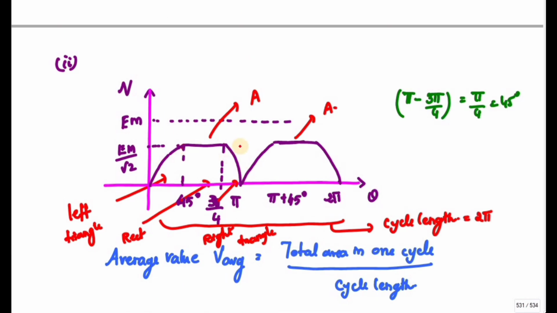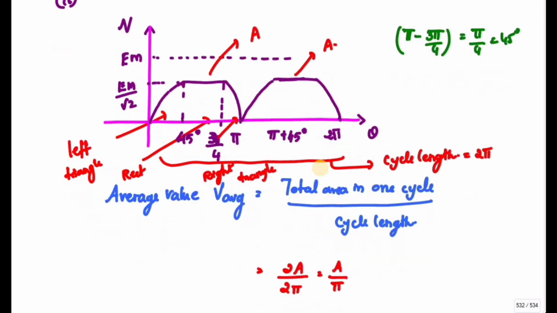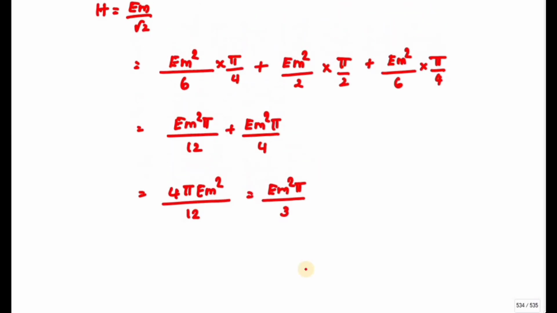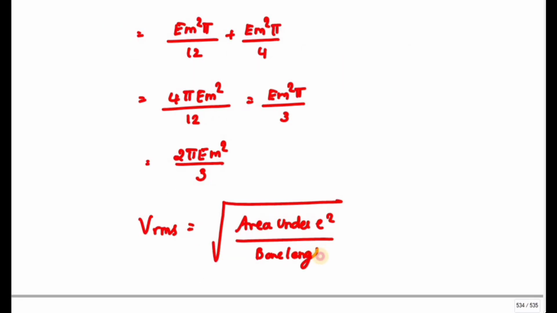Since I'm not only finding for the single area, I'm going to find for the two areas. Say 2 Em square pi divided by 3 is my answer. In order to obtain the VRMS value, VRMS is equal to the area under E square divided by the base length.